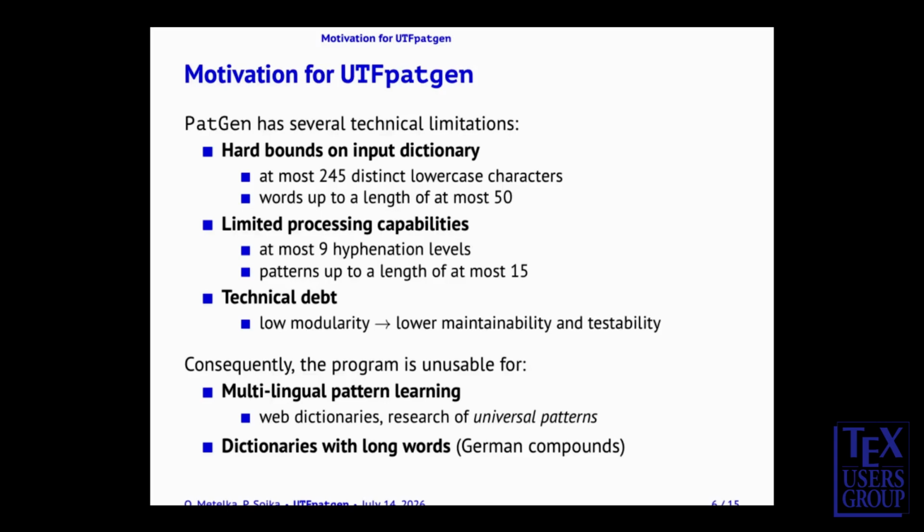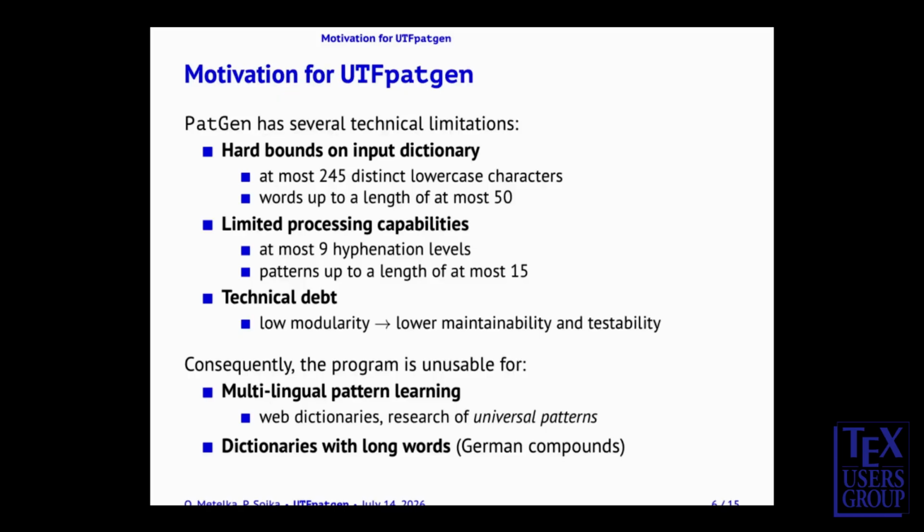The processing capabilities are limited as well, with only 9 hyphenation levels and patterns of at most 15 characters to be generated. And lastly, there is some technical debt, which stems from the age of the program. For instance, the modularity is quite low, which makes the maintainability and testability even lower. As a consequence, PatGen is practically unusable for some use cases.